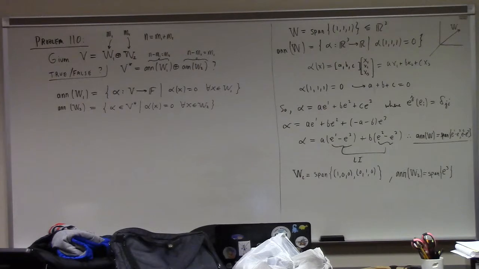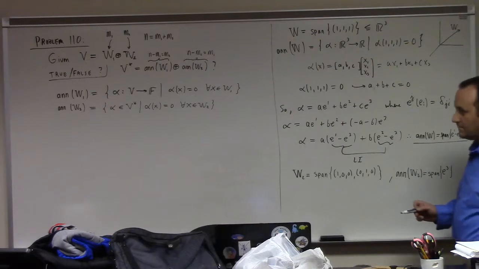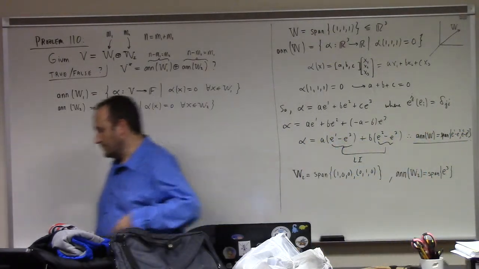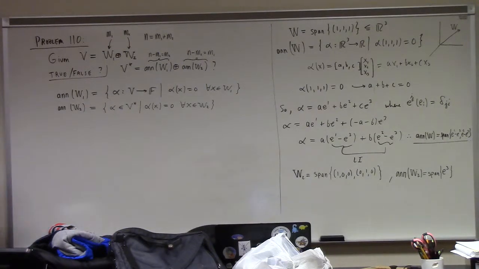All right, well, this is not a proof. I'm just trying to give you some sense of why I think this is true. So how should we prove it? How do we prove that's true? What does it take to show that V dual is the direct sum of the annihilator of W1 and W2? Or more generally, how do you show that a vector space is the direct sum of two subspaces?